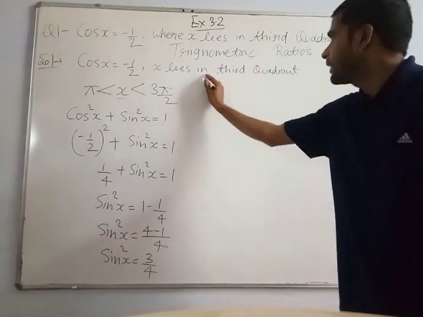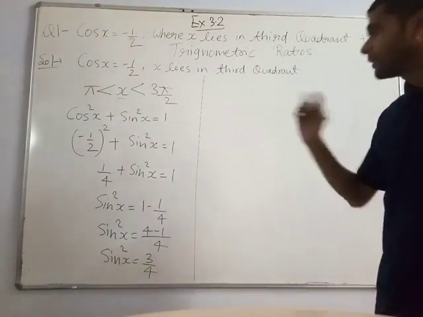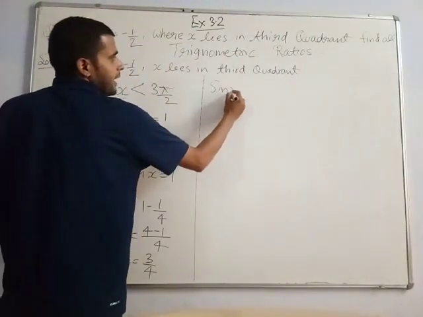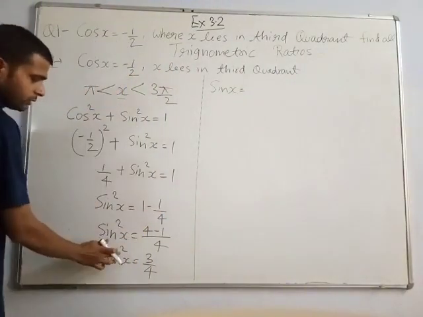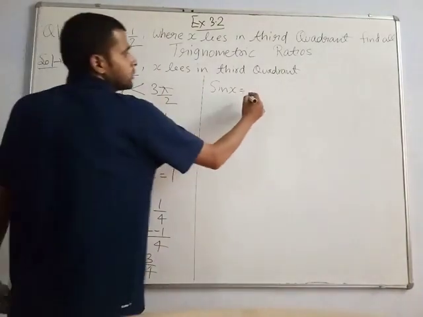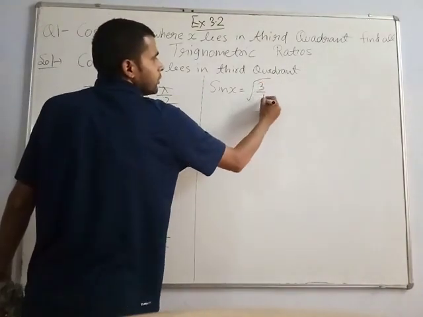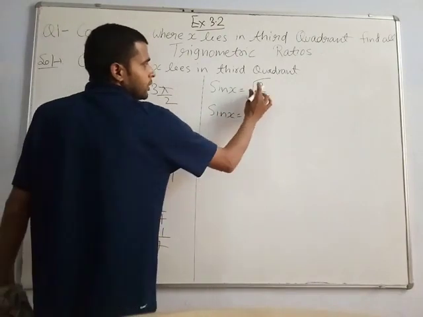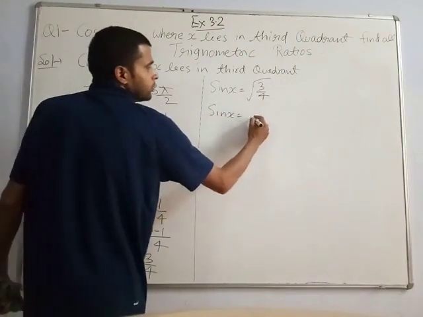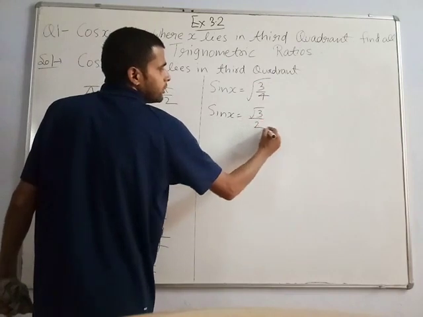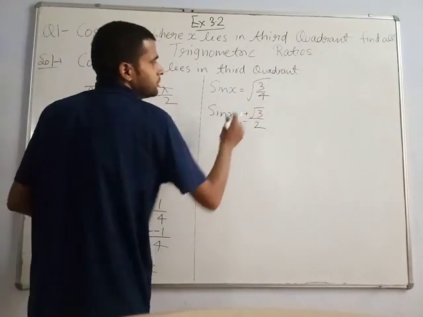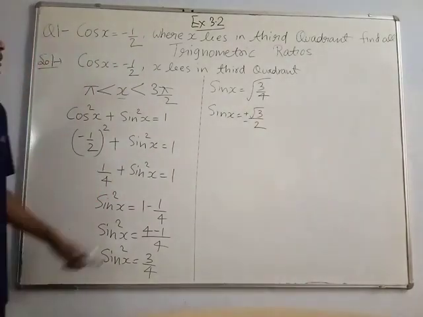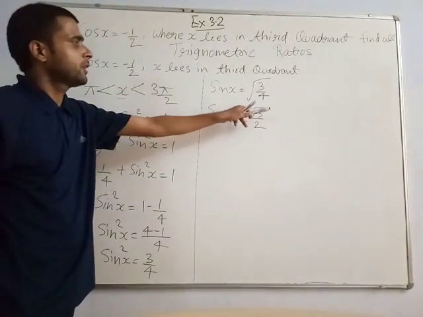Sin square x is 3/4, which means sin x equal to the square root of 3/4. So sin x equal to root 3 upon 2, plus minus, because when the square root is taken, two roots come, plus and minus.